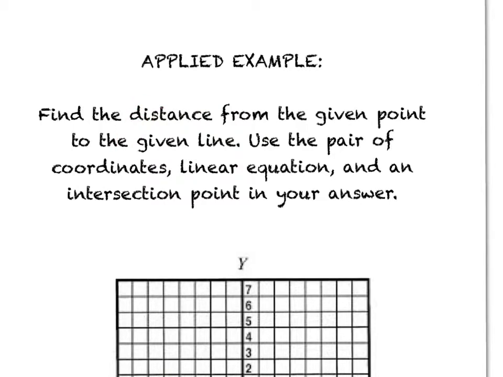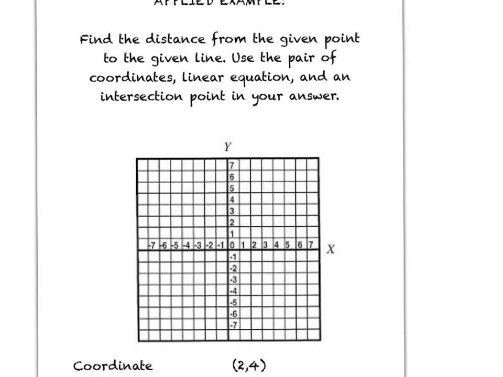Use the pair of coordinates, the linear equation, and an intersection point in your answer. Intersect just means to cross, so somewhere along that line we will be given a point on that line to find the distance between that and the coordinate. So it's kind of a 2 or 3 part question.